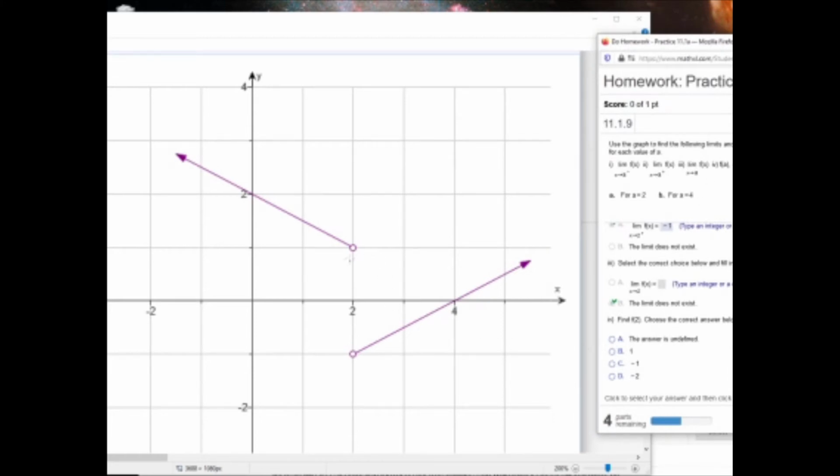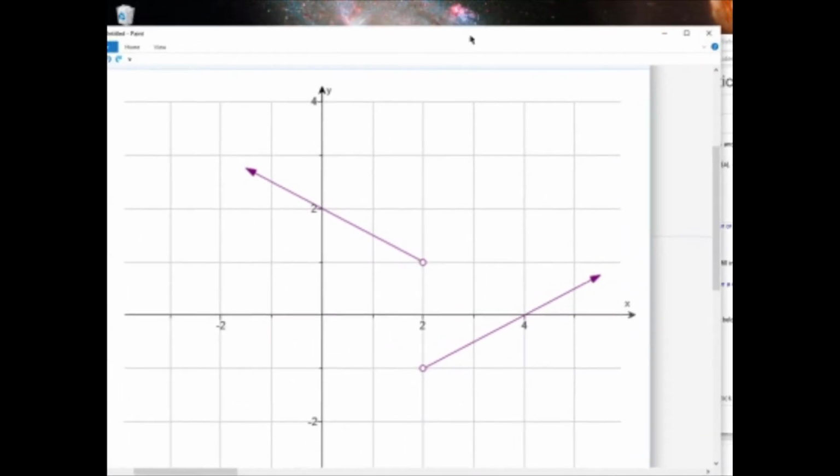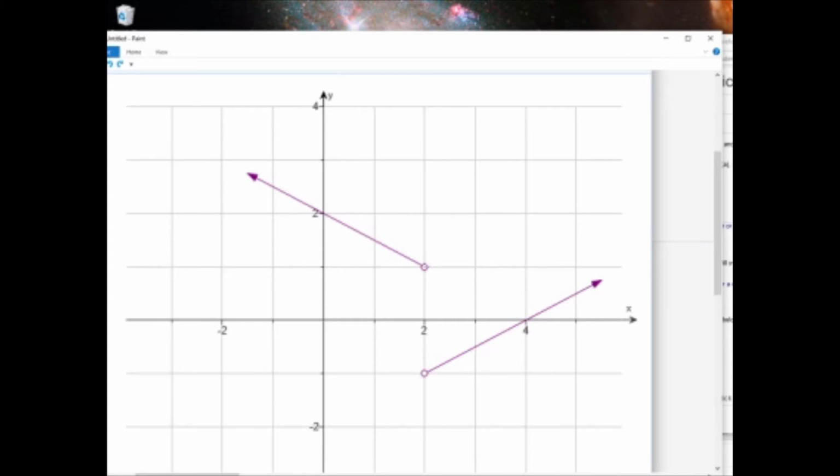So this is a little bit weird. And the reason this is a little bit weird is because we have 2 open circles. So we have an open circle here and an open circle here. Remember, the open circle means the function is not defined there. Now, the reason that's a little weird is because usually one of these circles is filled in.